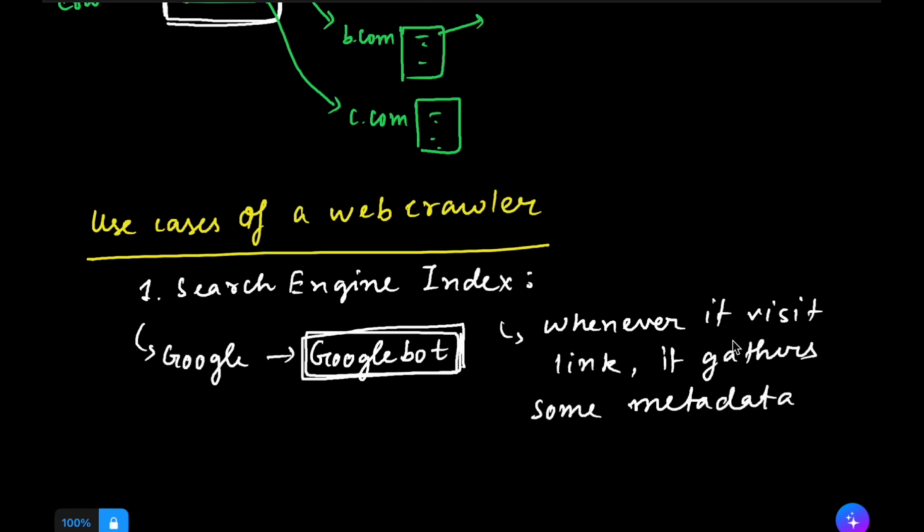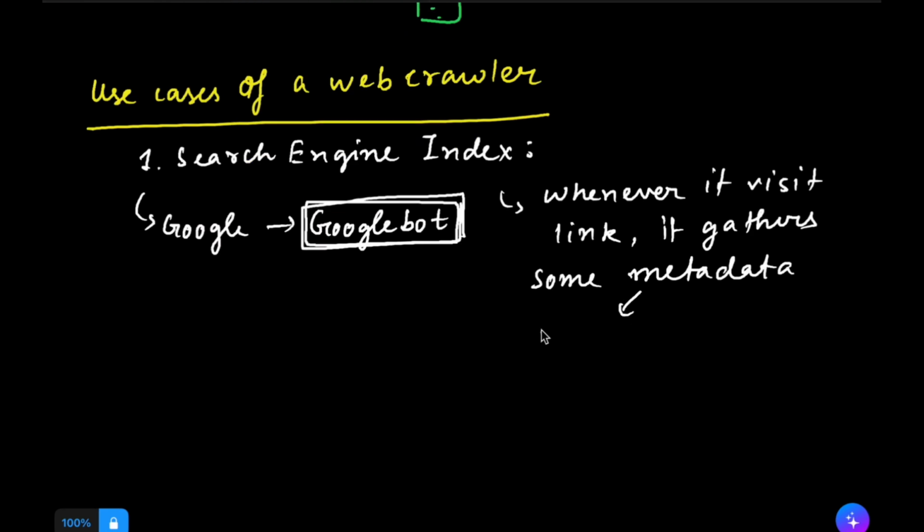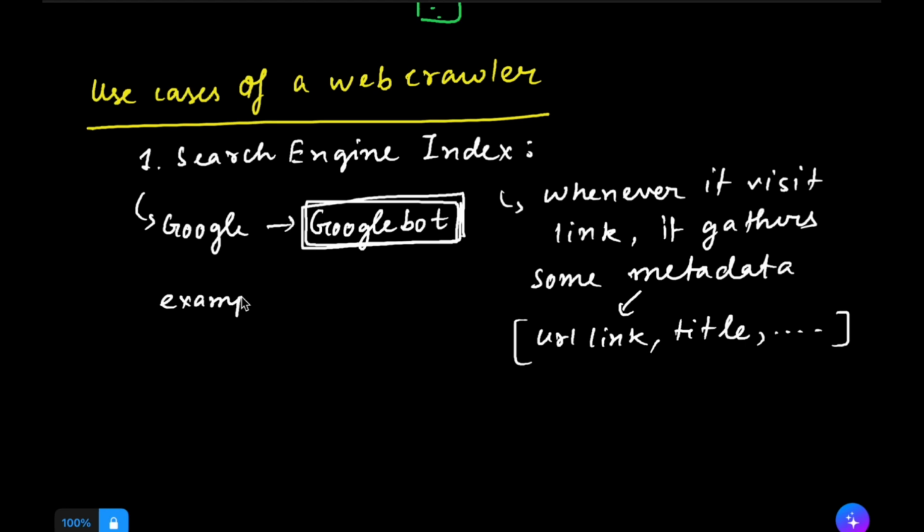This metadata could be the URL link, the title of the web page, and various keywords it can collect and store. And suppose I have a web page, it says example.com.